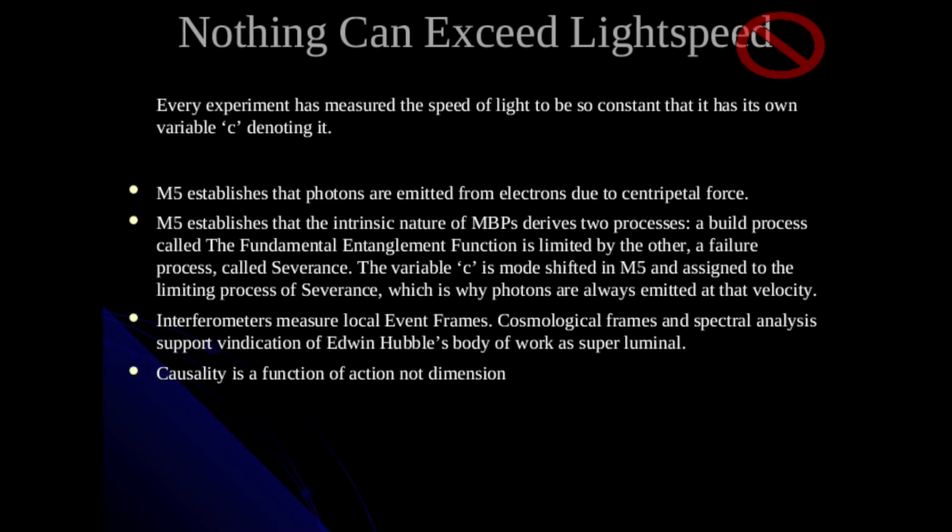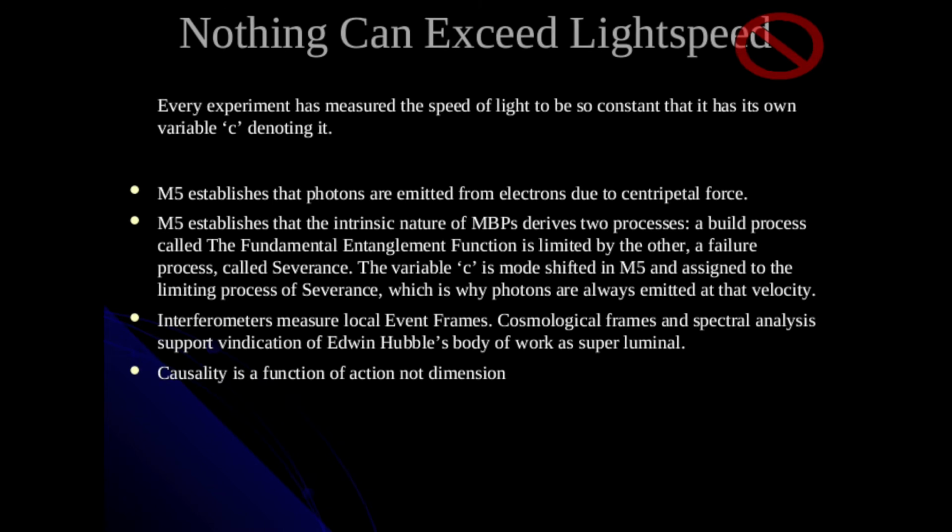We can mode shift the body of these different factors between M1 and M5, going back and forth, and you'll see in the coming months and years and subsequent videos how that all comes back together. But it can be done. It has been done. And causality is a function of action, not dimension, so there are no causality violations here, just because we can in fact go faster than the speed of light.